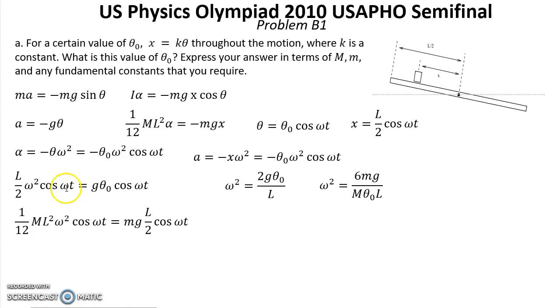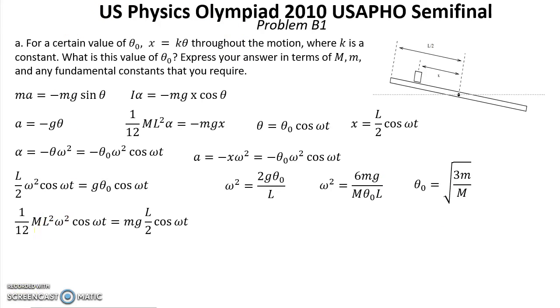After equalizing them we have the expression for θ0. That's this one, and because small m is much less than big M, we can conclude that θ0 is small enough. So that was the answer for question A.